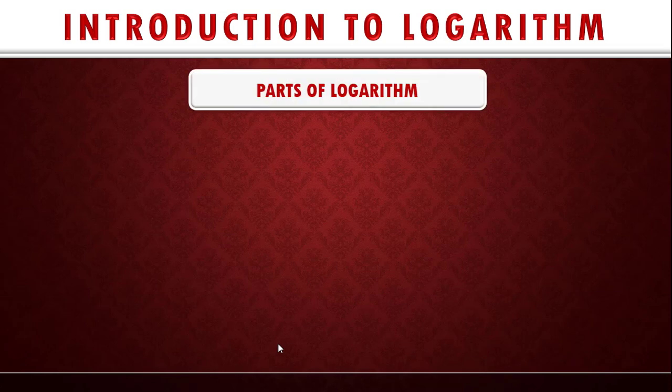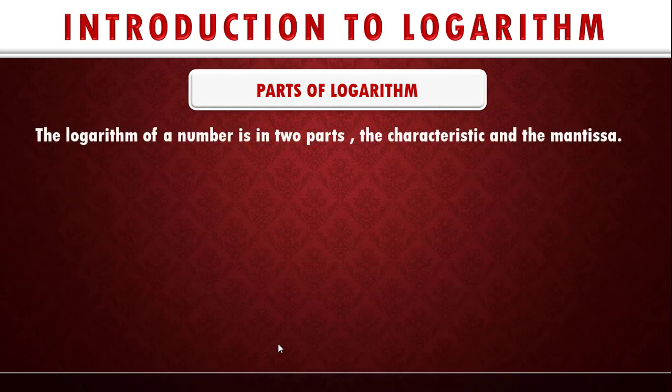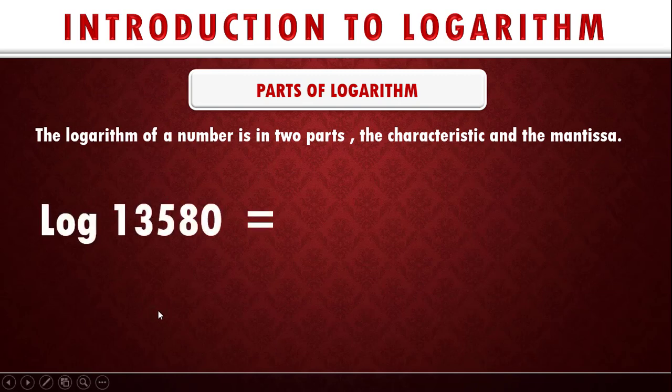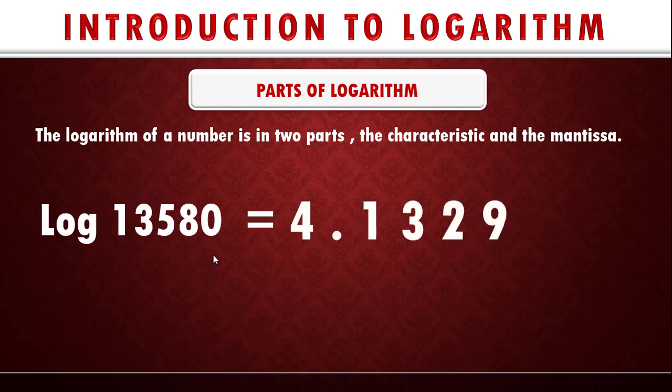Okay, we're looking at the parts of logarithm, and we're considering the parts being divided into two. The parts are divided into characteristic and mantissa. So if you're given a number, like looking for the log of this number, 13580, it will give the value 4.1329.